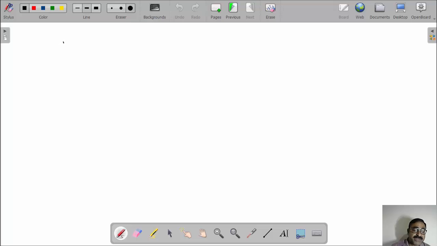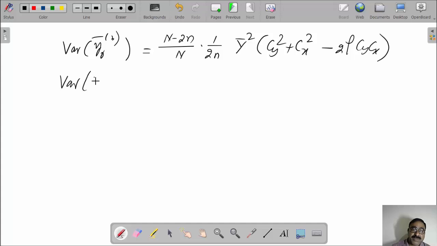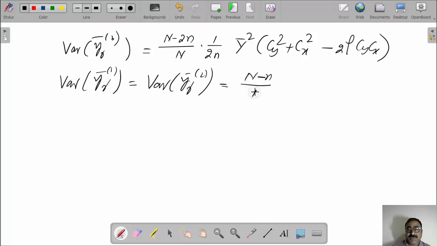We have variance of y r bar 3 equal to (n minus 2n) by n into 1 by 2n, y bar square, cy square plus cx square minus 2 rho cy cx, and variance of y r bar 1 is also equal to variance of y r bar 2, that is equal to (n minus n) by n into 1 by n, y bar square, cy square plus cx square minus 2 rho cy cx.